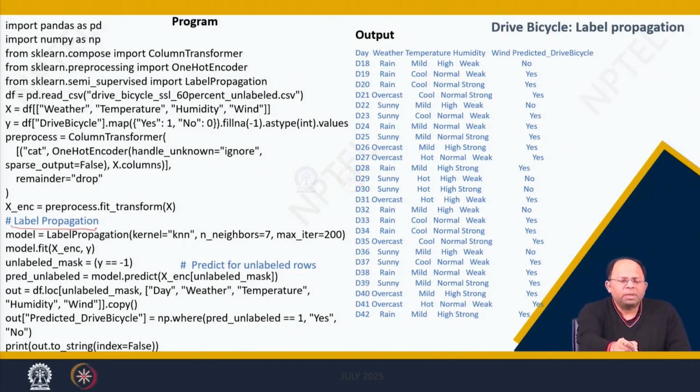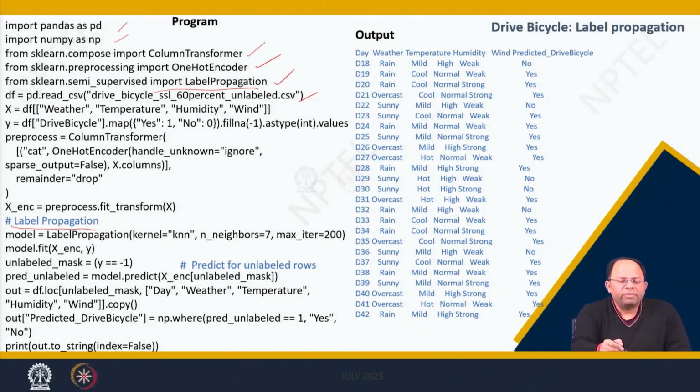So the first part of the program is pretty standard. Import pandas as pd, import numpy as np. From sklearn, we are importing column transformer, one-hot encoder, and then from semi-supervised, we import label propagation. This one we are bringing in. And then we are loading the data set first to df.